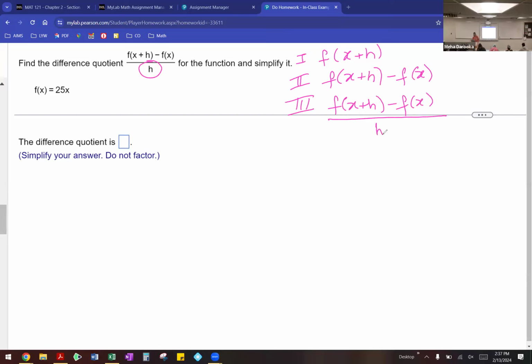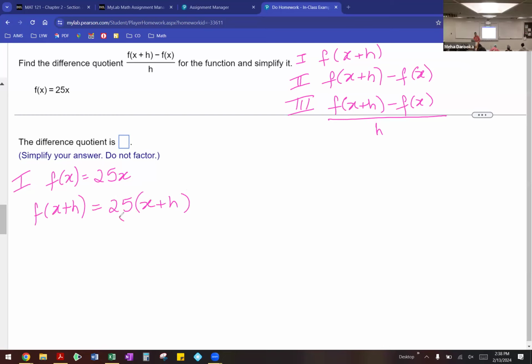Okay, so let's take a look at step 1. And this one is using a fairly simple function, so that's kind of nice. They are using 25x. So first thing we're going to do is replace our x with x plus h. So that will become 25 times x plus h.